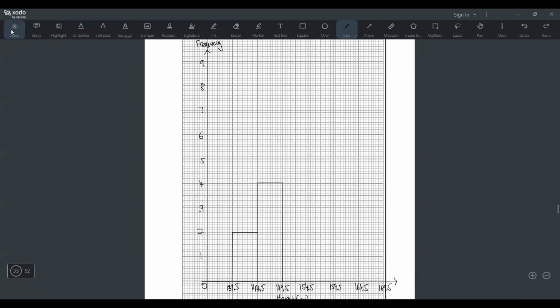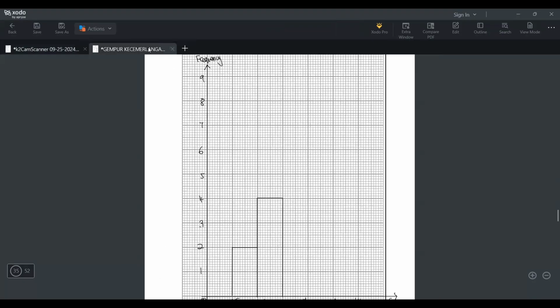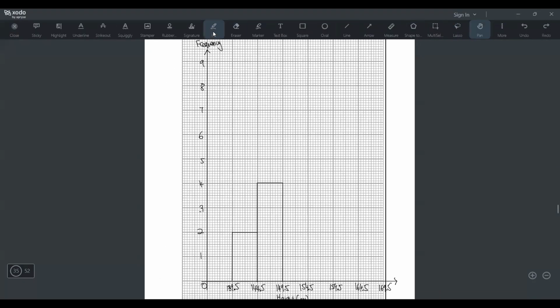Right? Okay, now for the next one. 149.5 until 154.5, the frequency is 6. So it must be here then. Okay, I will join the line afterwards. Okay, this line I have to draw down, right?